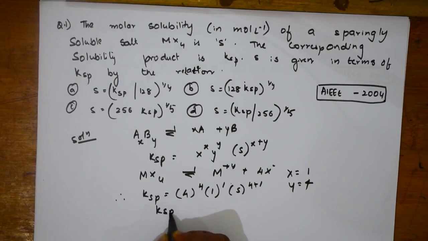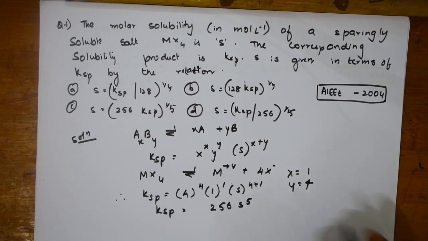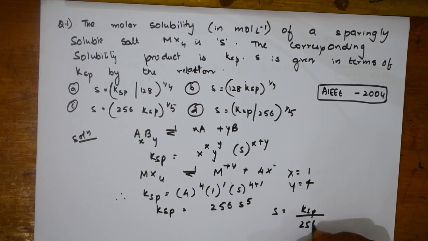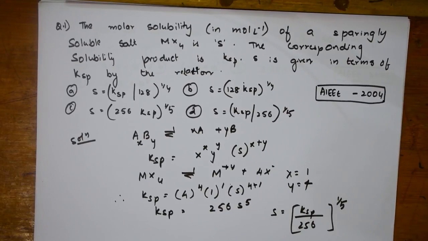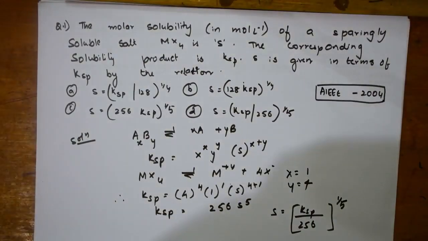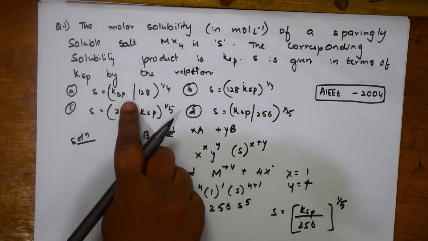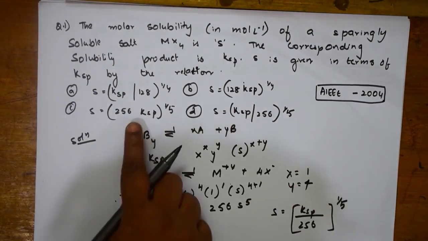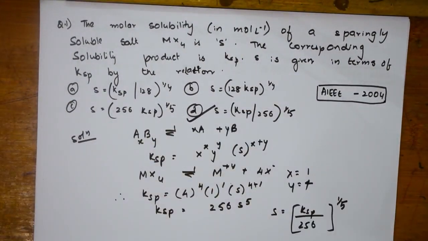So KSP is equal to 256 S5. S is equal to KSP by 256 raised to 1 by 5. That's it. This is the answer which we have got. So what is the correct option? Not the first one, not the second one, not the third one. This is the correct option, D.